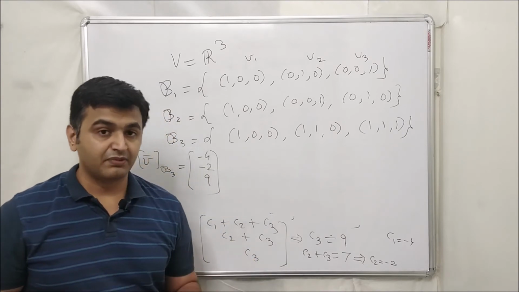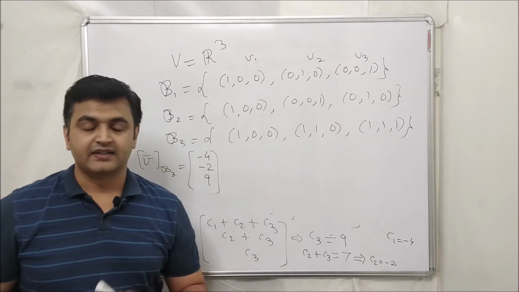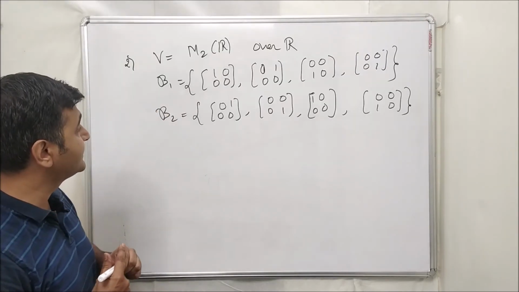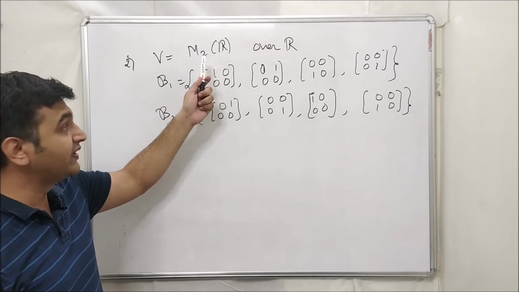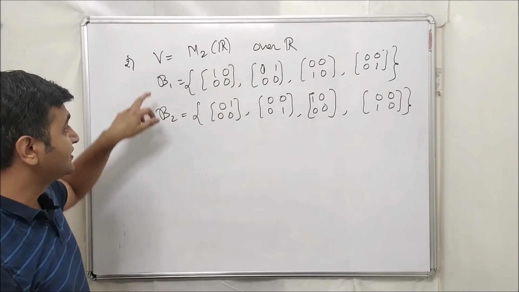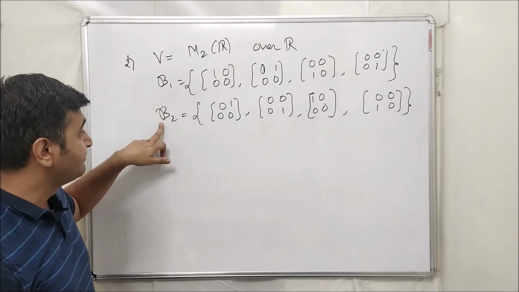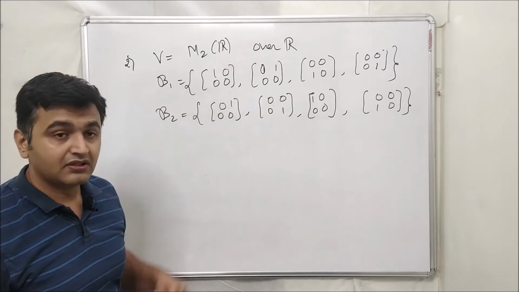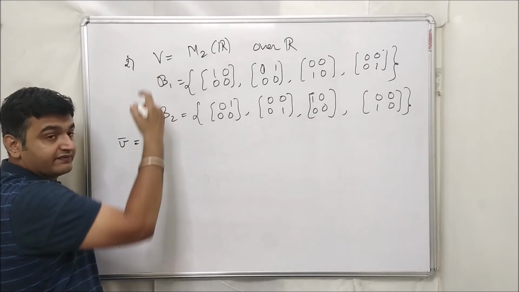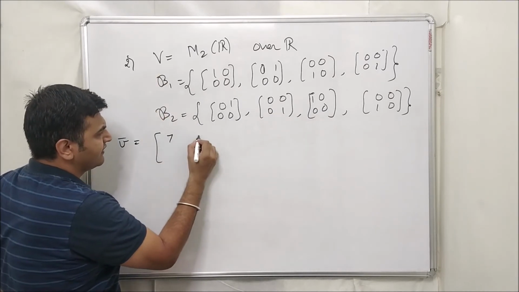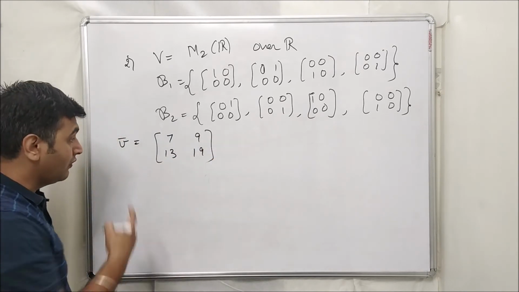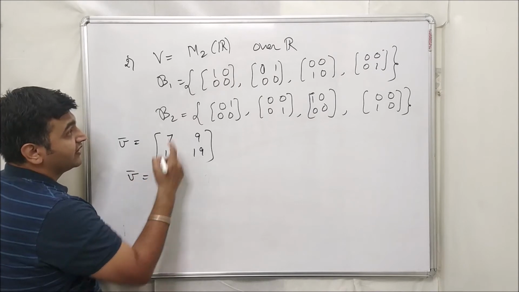Now let me take one example for matrices and polynomials and then we will stop. So let's take the second example. Our vector space is the collection of all 2 cross 2 matrices over real numbers, with real entries. This B1 is the standard basis and this B2 is also a basis, but I have just changed the order. Let's take a vector v bar in this vector space, say 7, 9, 13 and 19.